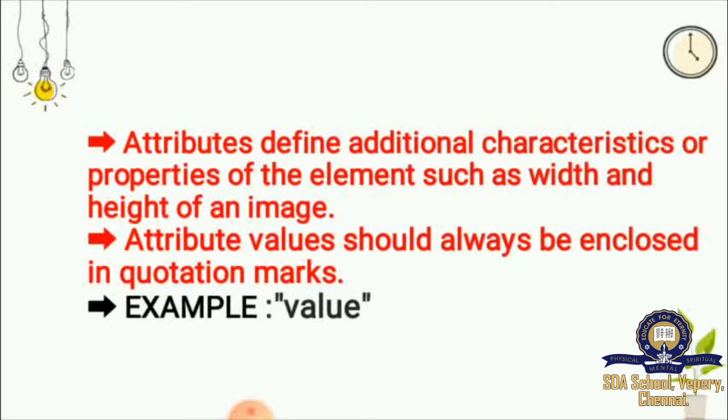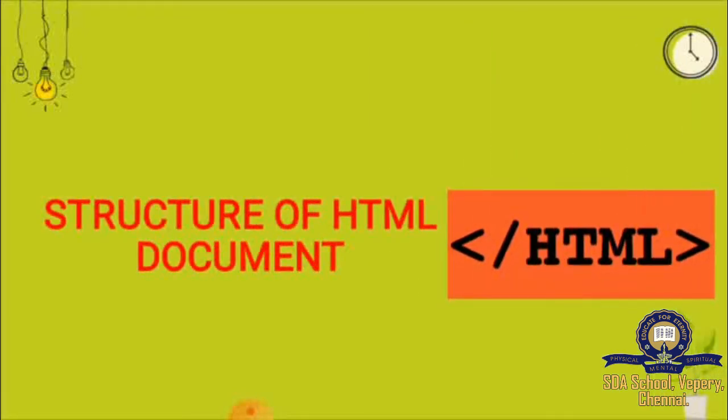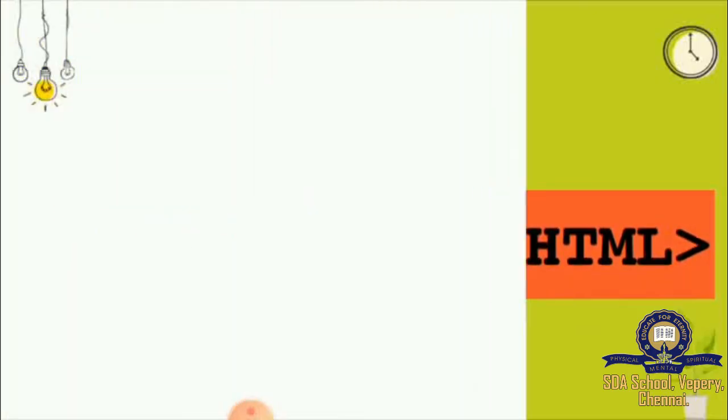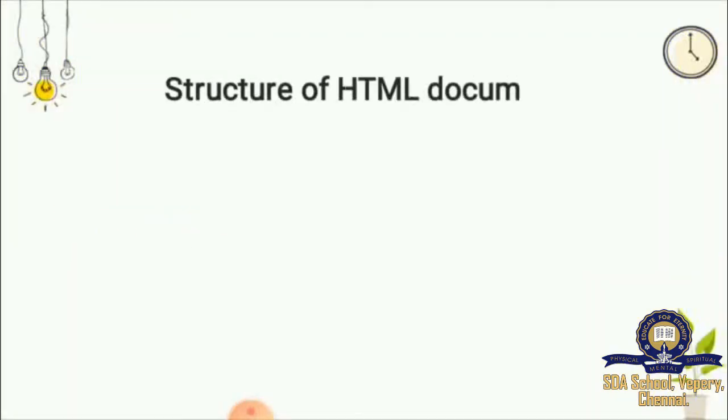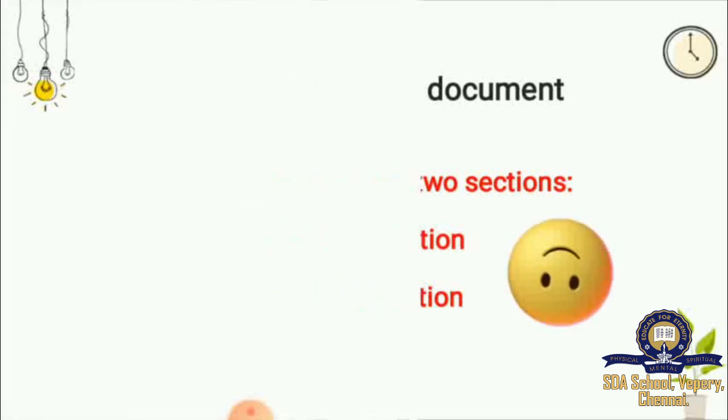Next, we are going to see a new topic, that is the structure of an HTML document. An HTML document has two sections, the head section and the body section. What is the head section?